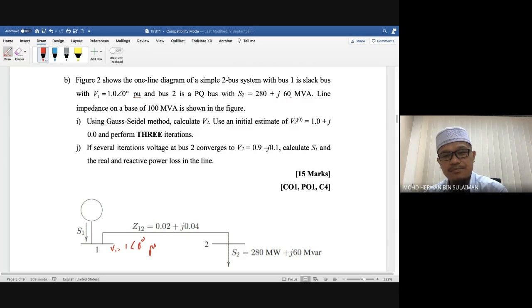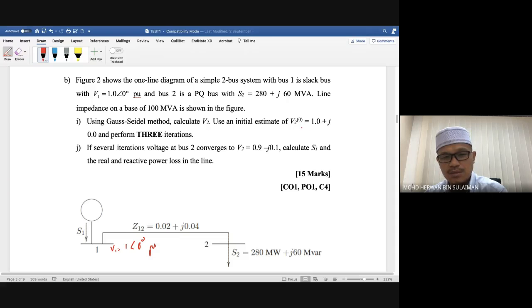Okay, line impedance based on 100 MVA is shown in figure. So this one is Z. Ni silap sikit, ni bukan Z besar, ni Z kecil. Boleh lah, Z lah. So using Gauss-Seidel method, calculate the V2.